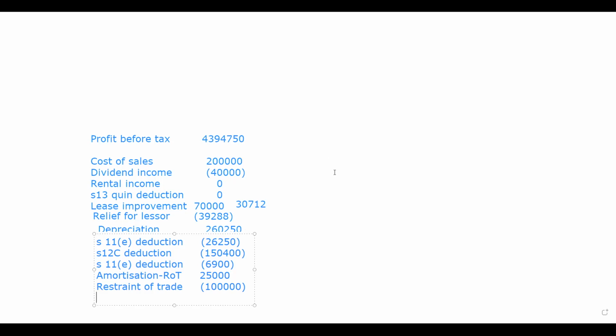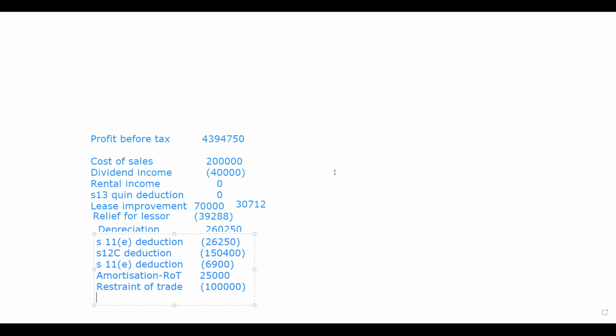So let's start. It says the old manufacturing building. JJ sold its old manufacturing building on 15 December 2001, right? So it sold it during this year, right? For 6.3 million, and incurred the following with the sale.